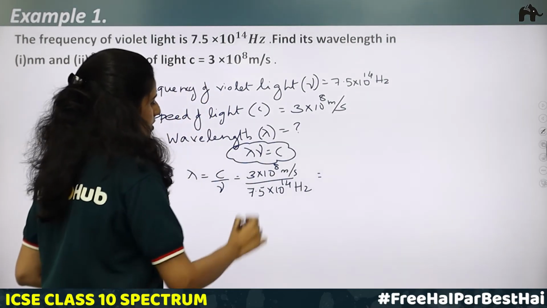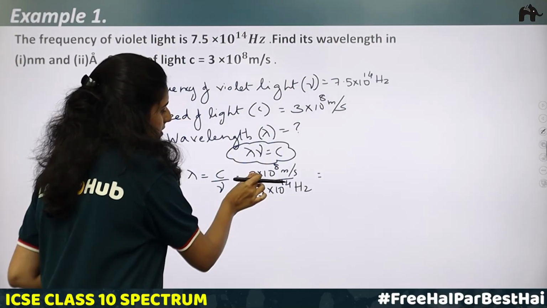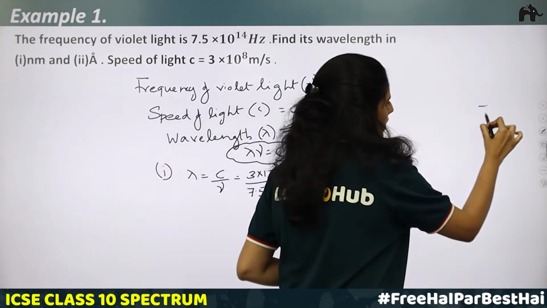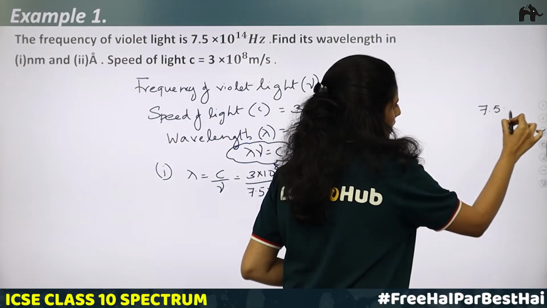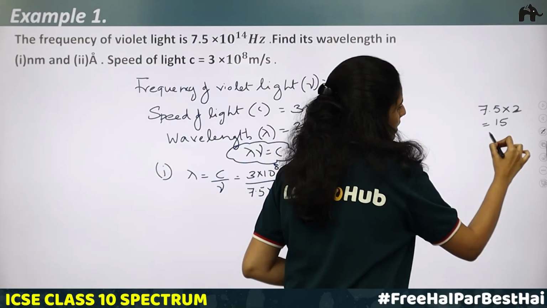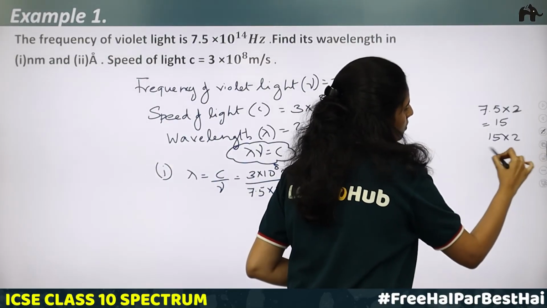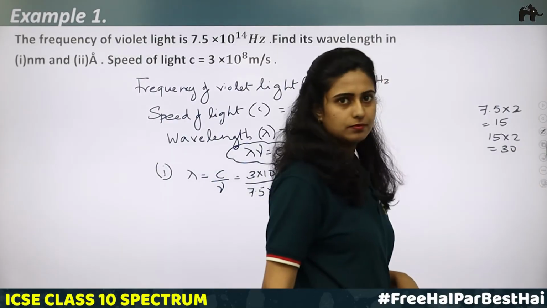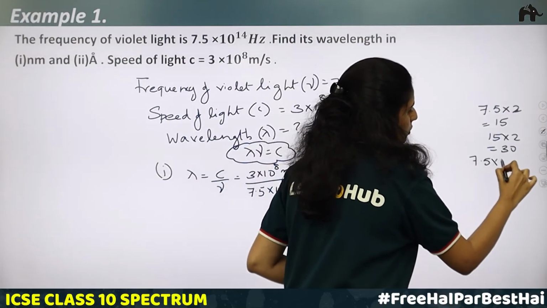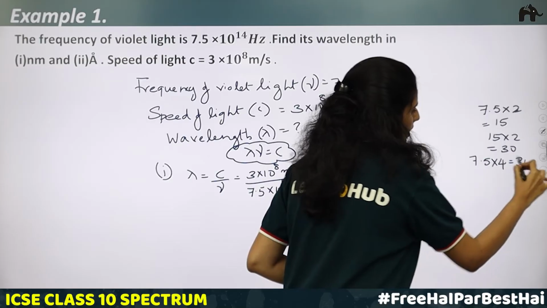Here we have 7.5, this is 3. 7.5 into 2, you will be getting 15. 15 into 2 is 30. Which means 7.5 into 4 is equal to 30.